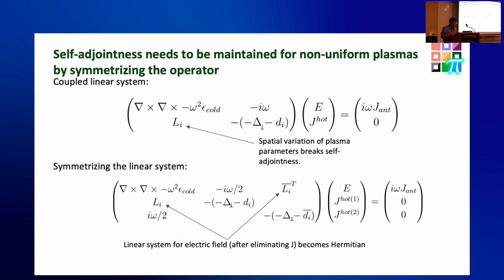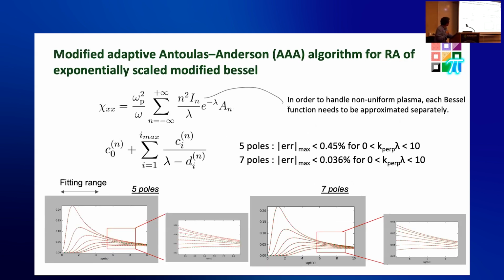If it is not symmetric, it's not self-adjoint. Therefore, even if the plasma is not supposed to absorb or emit any power, you get an artificial one introduced. So what we did is symmetrize this one this way, so that self-adjointness is guaranteed if there is no absorption supposed to be in the plasma.